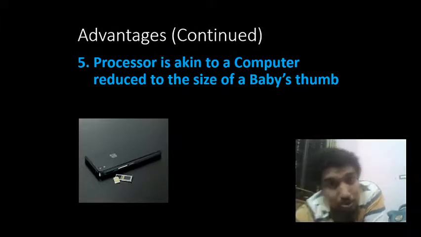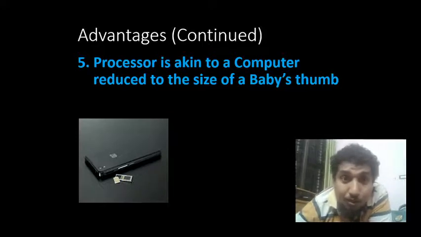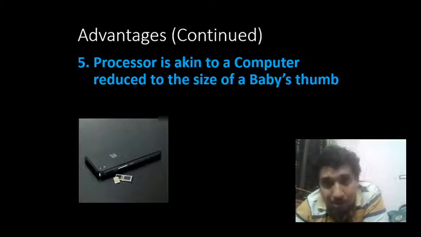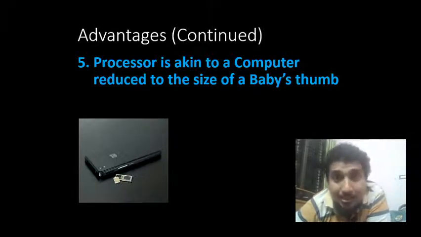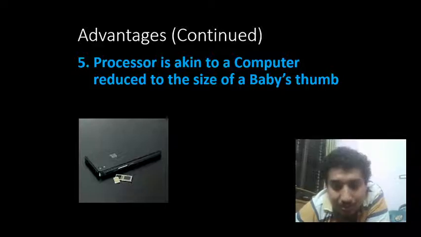So since the processor is small, it can be fit in a card of any size. It can be fit in a debit card, a credit card, any access cards, it can be fixed even in a SIM. So it can be fixed anywhere. So that's very useful.